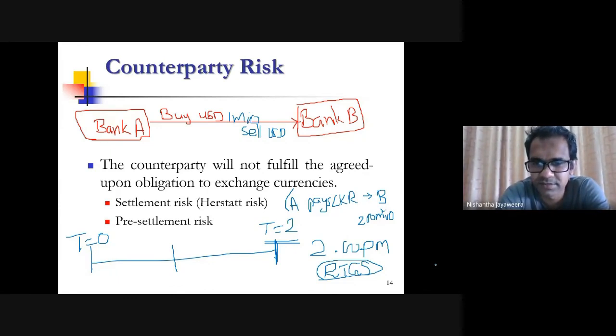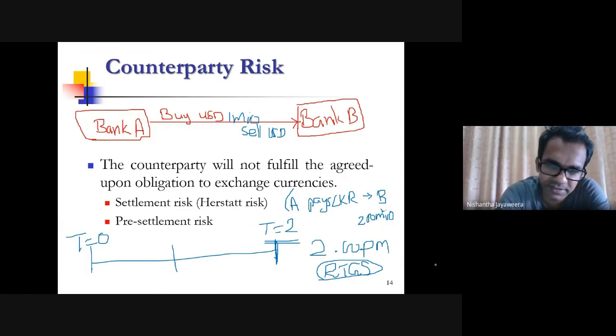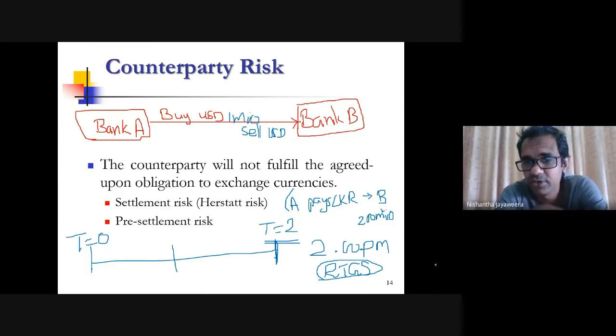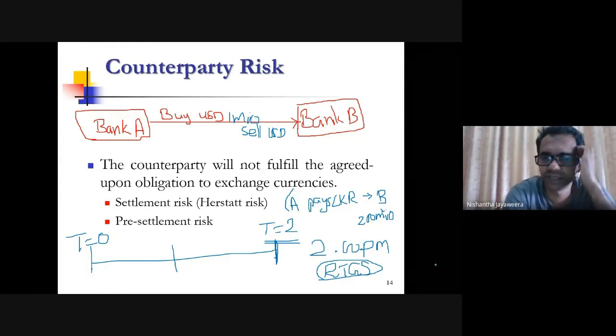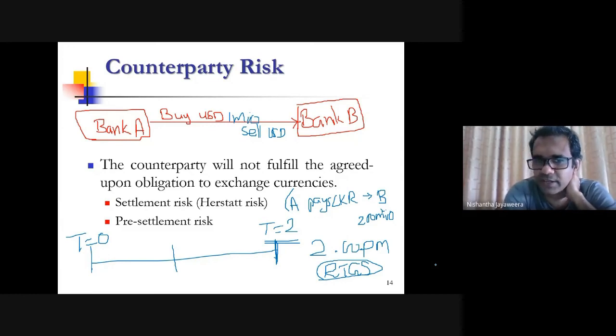However, they have not even come to office, so you won't settle the dollar leg. You have to wait until New York opens. They also have some settlement cycles, and only at that time will you get your money.